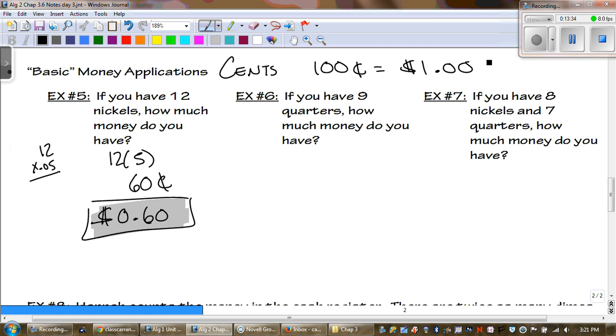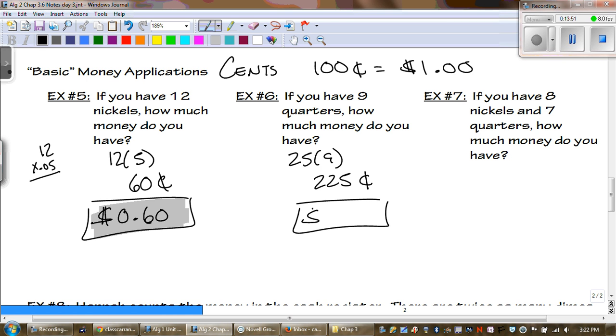If you have 9 quarters, how much do you have? 25 times 9. That would give you 225 cents. But as a dollar, that would just be $2.25.